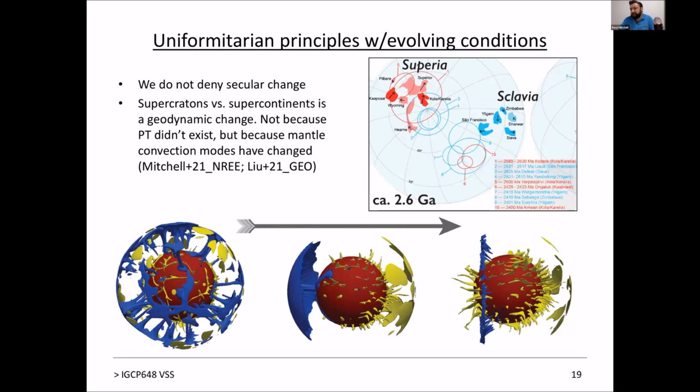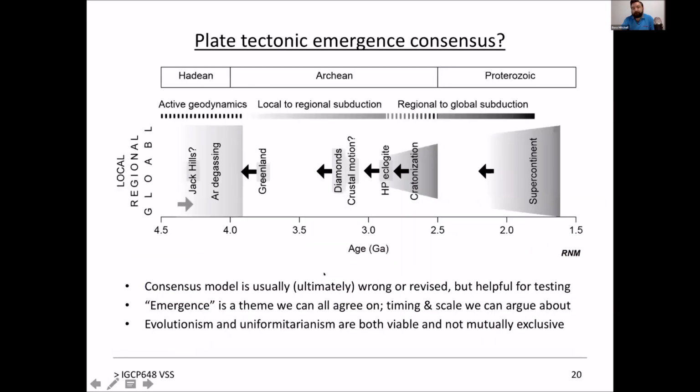But how did those supercratons form? My interpretation in the recent Nature Reviews paper is that Earth might have evolved from very small wavelength convective cells to larger wavelength, and that could have quarantined, if you will, these supercratons from each other. But just because you don't form a supercontinent doesn't mean plate tectonics didn't exist.